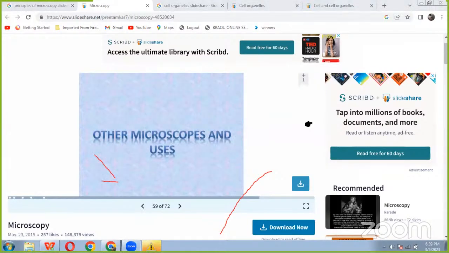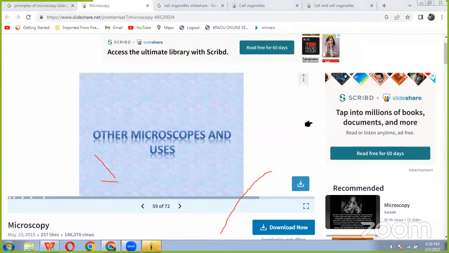Dehydration is compulsory in TEM and scanning electron microscope. You totally dehydrate the specimen, and you see the totally dehydrated specimen under the electron microscope.